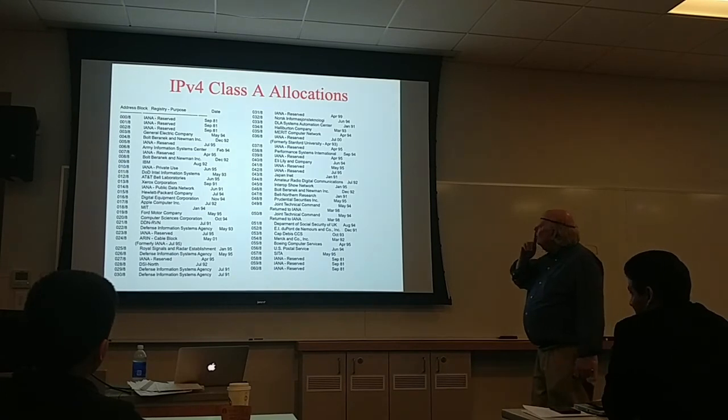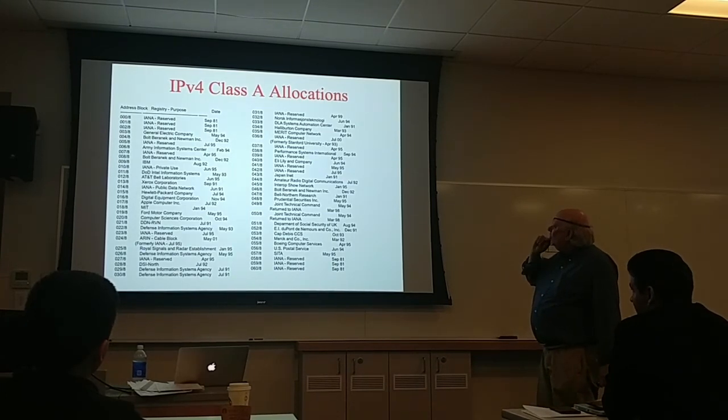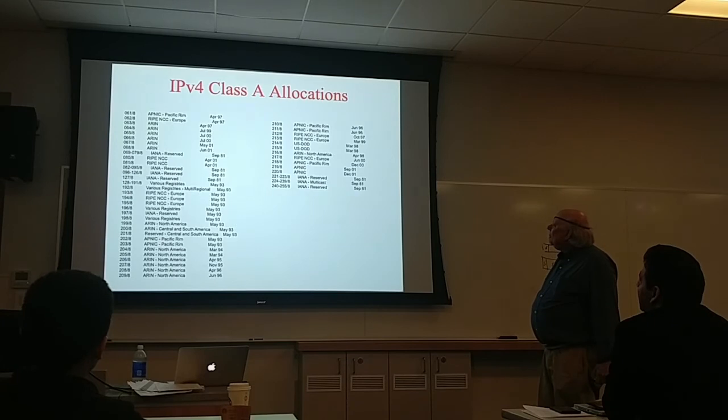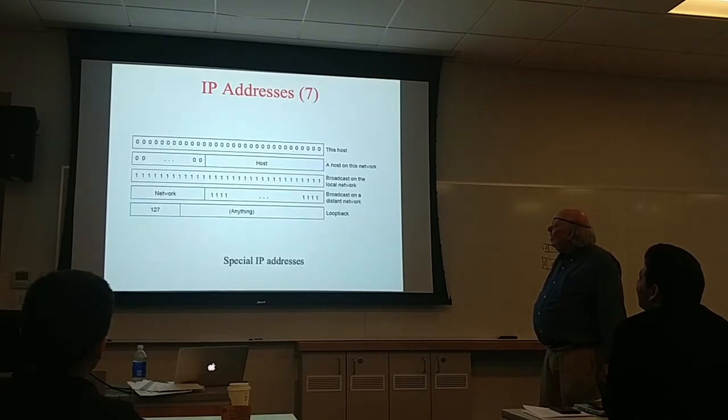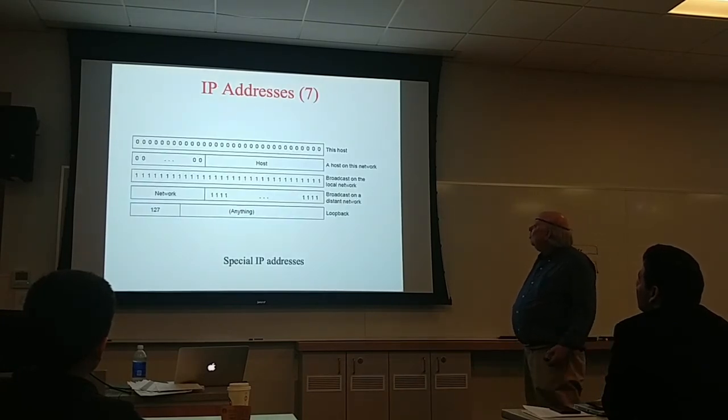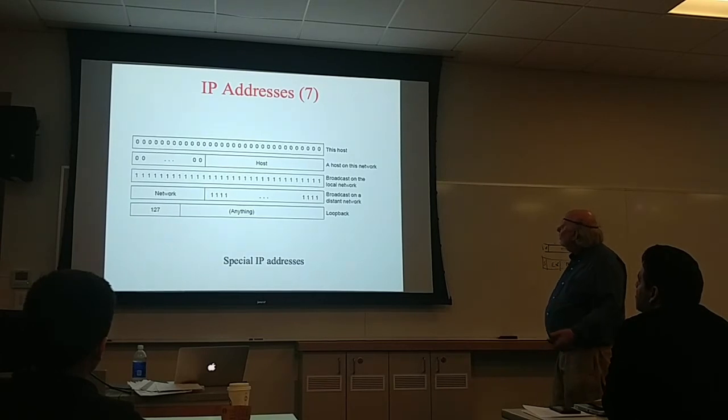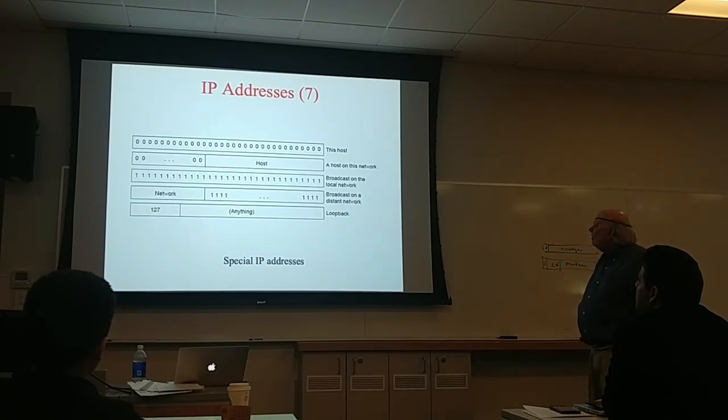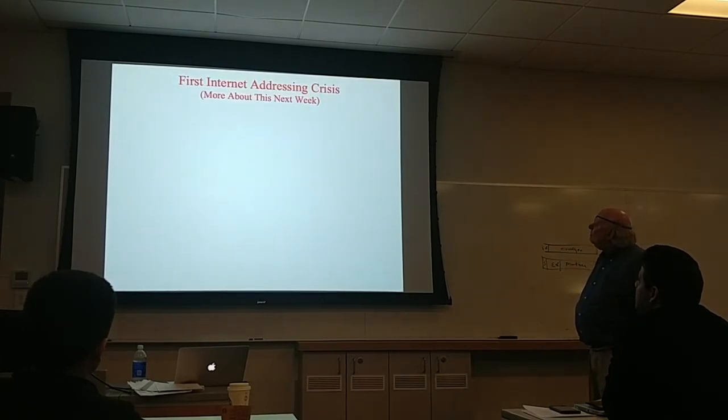Somewhere on here the UK Social Security System has a Class A. MIT has a Class A. And so on. Then there are special ones for this host and the host on this network, and all sorts of funny things.